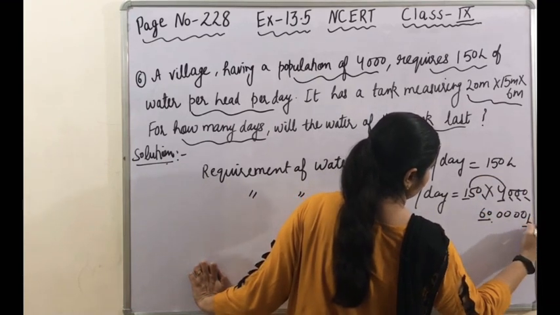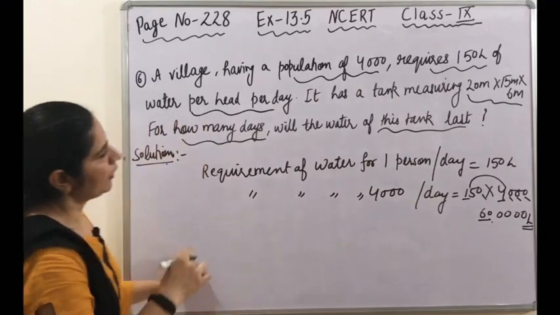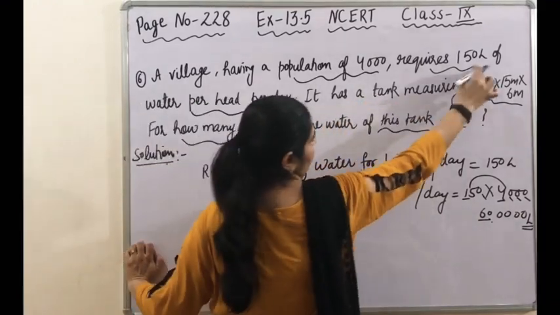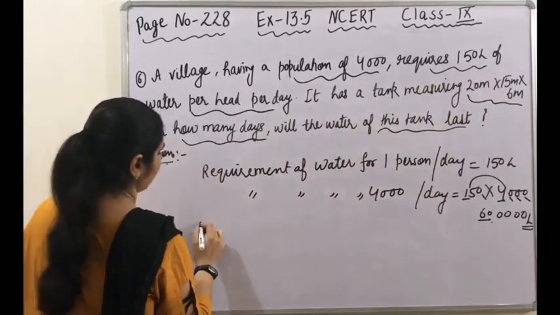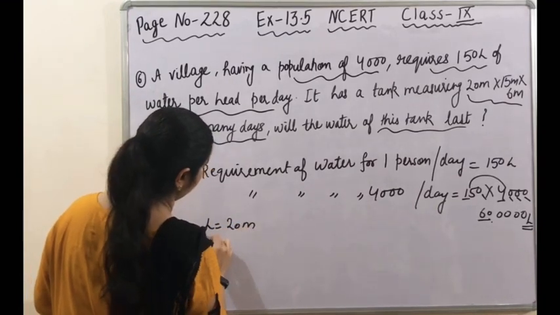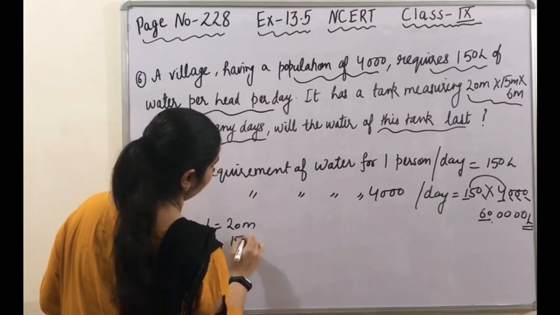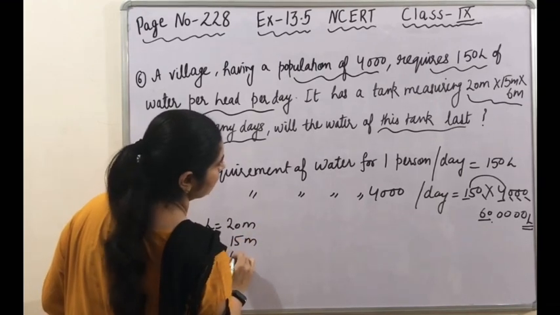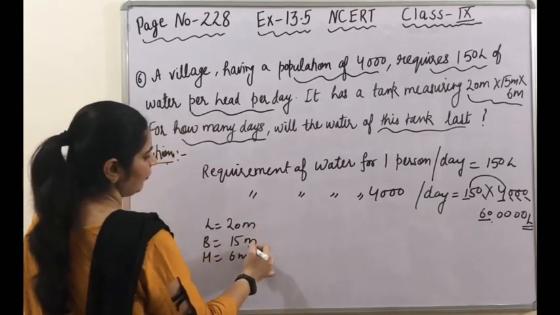This is in liter. And here the dimensions of the tank are also given. Dimensions of the tank: length, breadth, and height are equal to 20, 15 and 6.